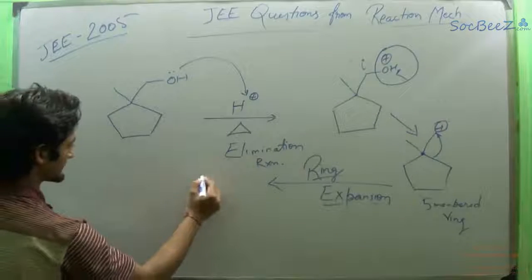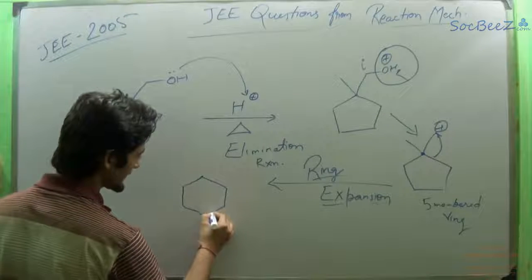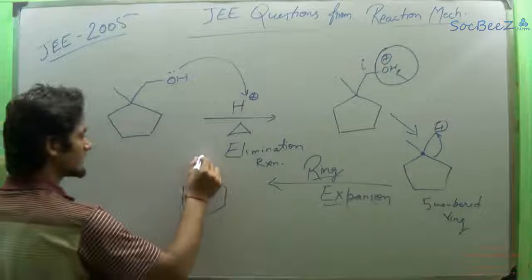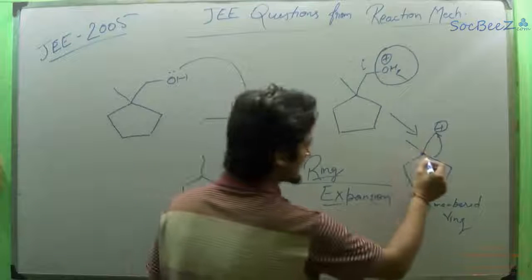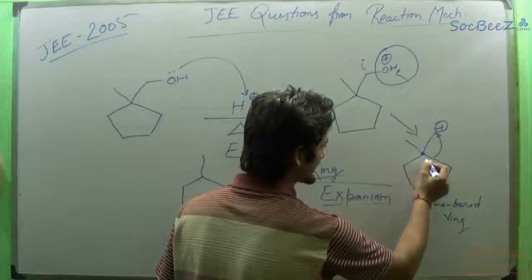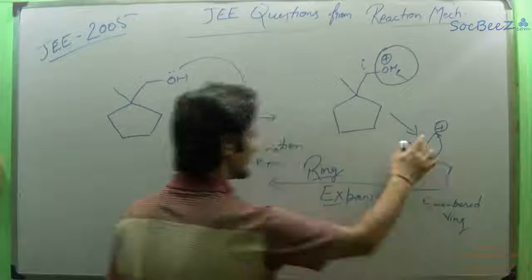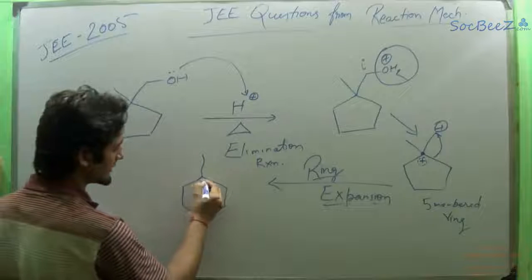So let me draw a 6-membered ring. There is a methyl group attached to one of the ring members, and here a new positive charge is developed on the same carbon which has the methyl group attached to it.